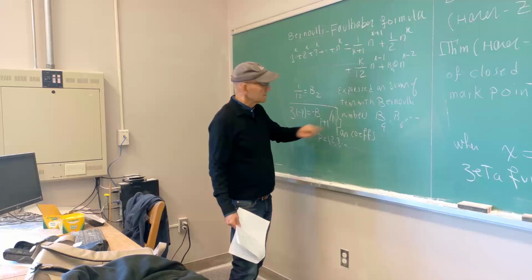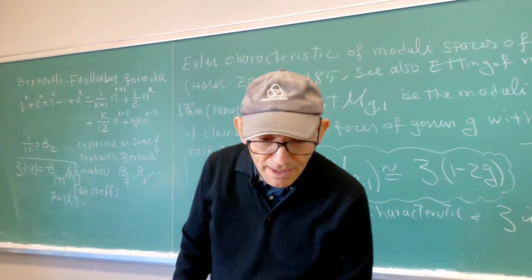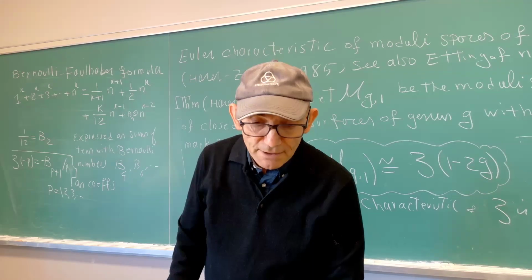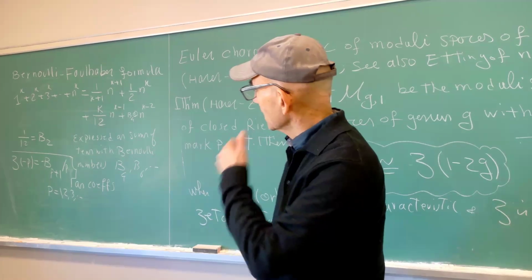So I'm willing to guess this. From the theorem, it shows B_n is minus n times zeta of 1 minus n. Oh, you mean zeta of 1 minus n times minus n is B_n, yeah. I see.